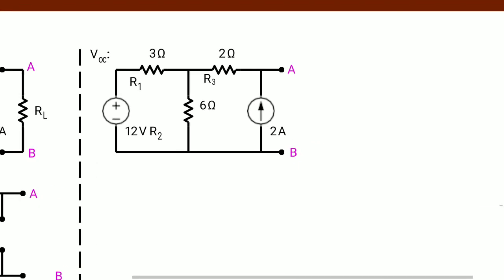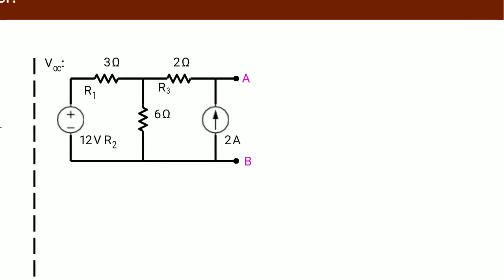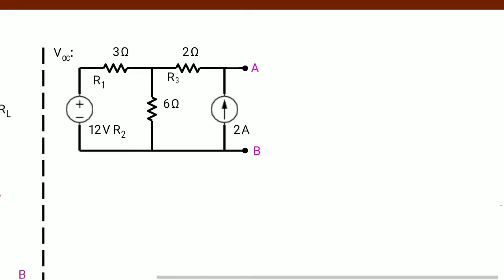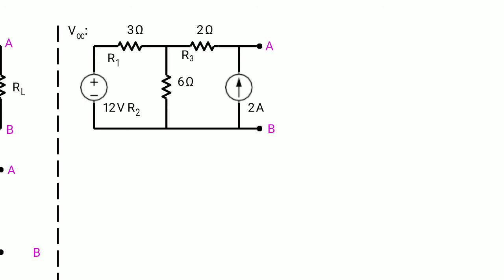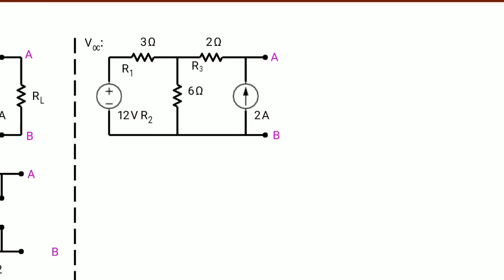VOC. Here this is the circuit. VOC is nothing but VTH. Why? To get the maximum power transfer theorem, we have to determine VTH, RTH and RL. Here 12 volts and 2 amps, 3 ohms, 6 ohms, 2 ohms are present. Across terminals A and B, we have to determine the VOC or VTH.